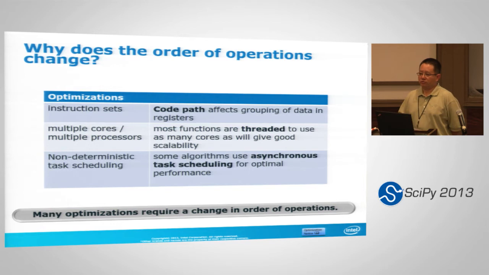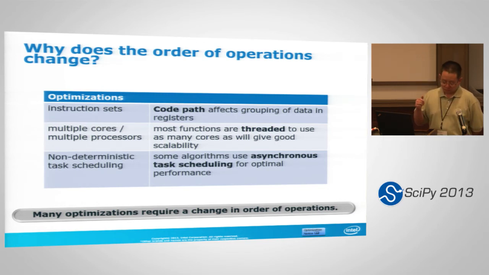The purpose is to maximize the utilization of those hardware resources. So three things here. For example, instruction sets, right? From generation to generation, the hardware comes out with newer instruction sets, and those instruction sets can be different.